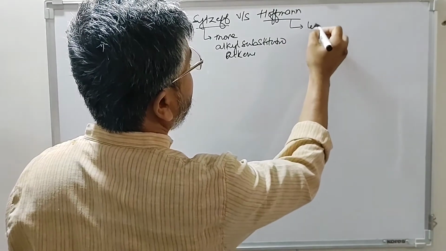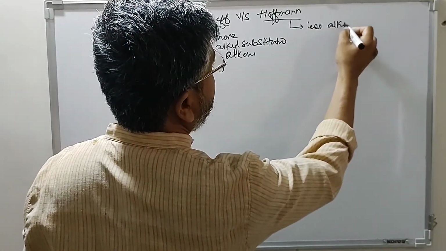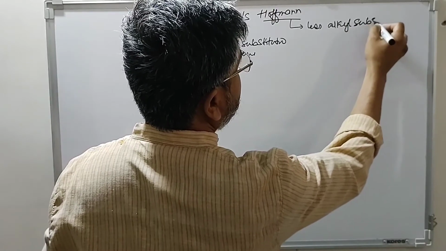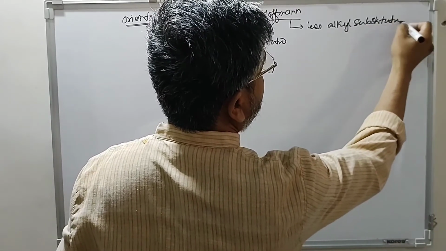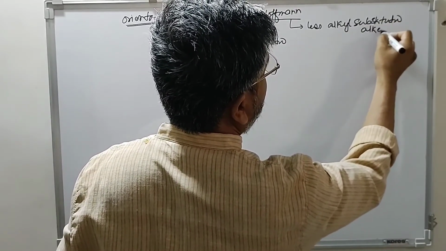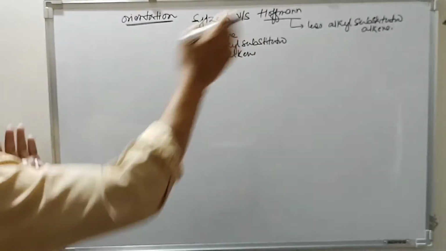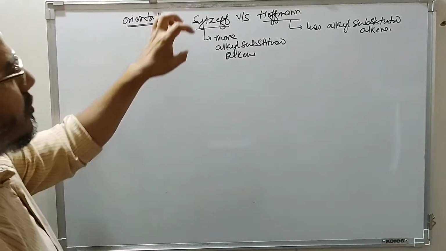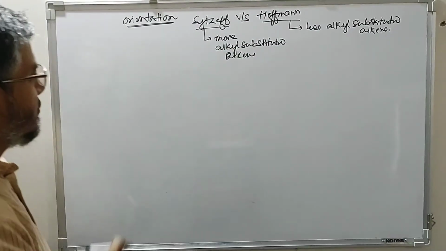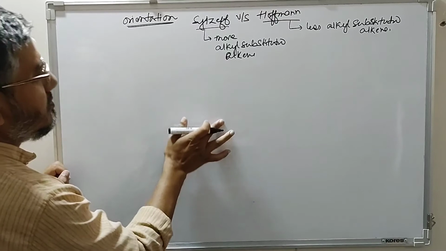Hofmann: less alkyl substituted alkene. So we have an orientation competition between Saytzeff and Hofmann. So look at this, take this example.